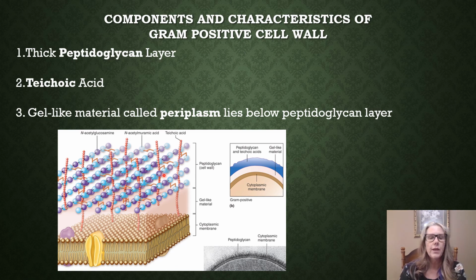Now, in between this thick peptidoglycan layer and the cytoplasmic membrane, we find a gel-like substance called periplasm. So there's a periplasm layer in between the cytoplasmic membrane and that peptidoglycan layer and teichoic acid. Both of that together makes up the Gram-positive cell wall.